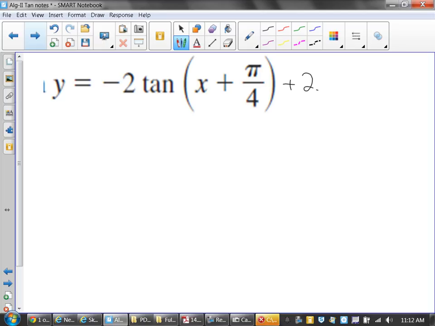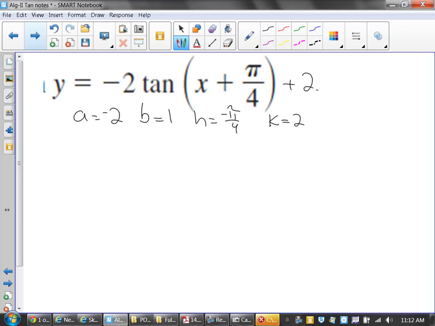When we start these problems, just like we did yesterday, label out A, B, H, and K, and we'll find the period right away. What's A? What's B? H? And K?